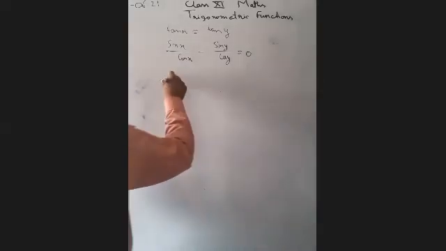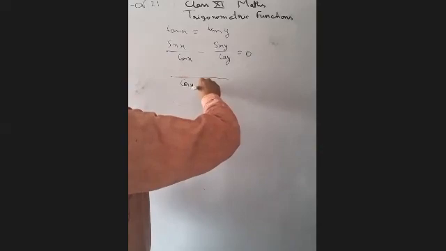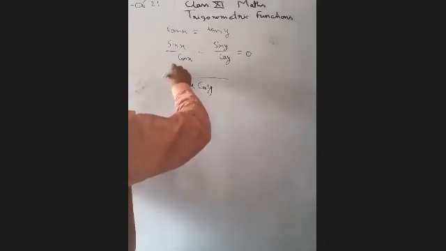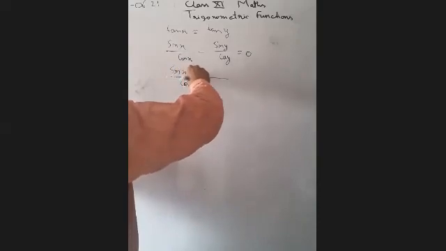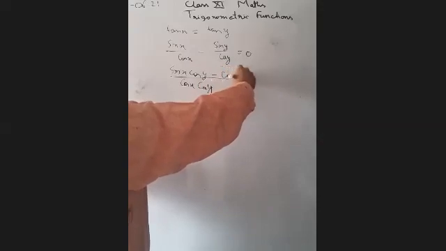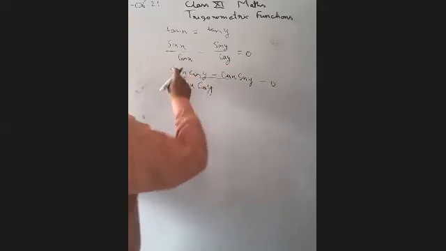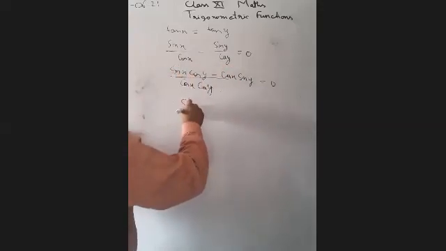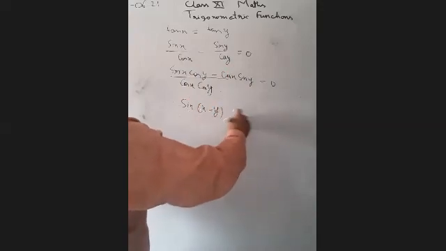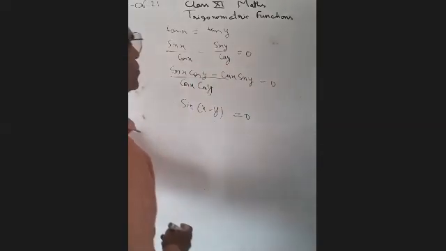Now we are taking LCM cos x cos y, which is equal to sin x cos y minus cos x sin y equal to 0. This is the formula of sin (x minus y) equal to 0. Equal to 0, why? If you take cos x cos y to the right hand side, it will become equal to 0.